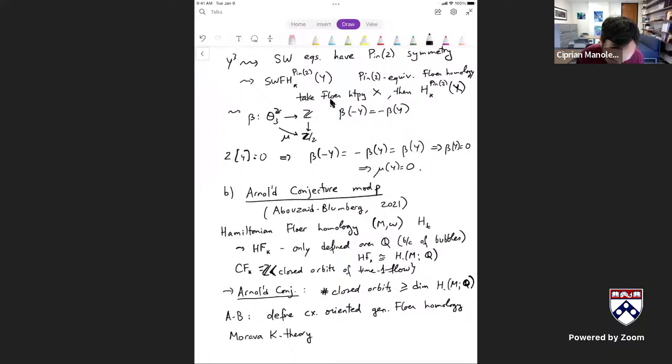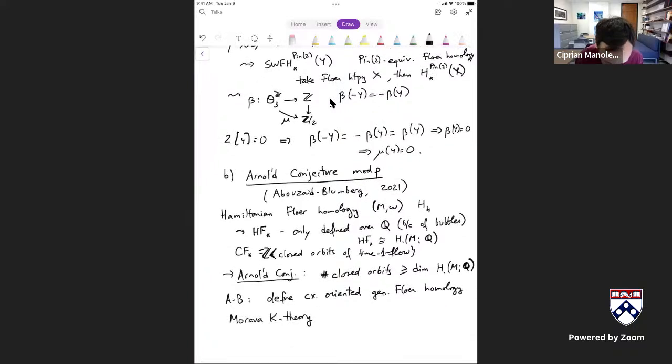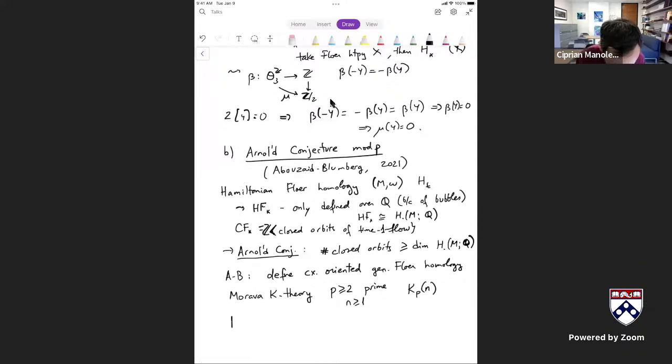This is something that was known in homotopy theory. It's a theory associated to a prime and some integer, called K(p,n).